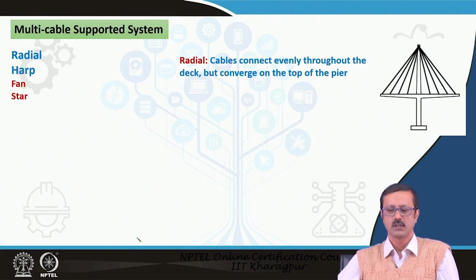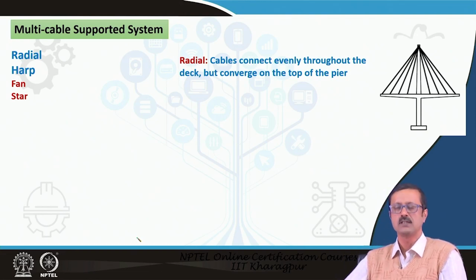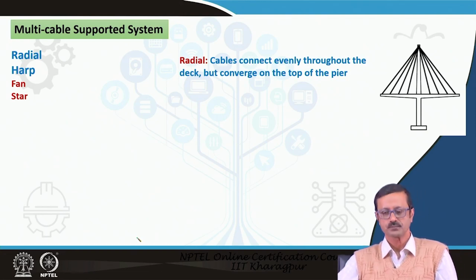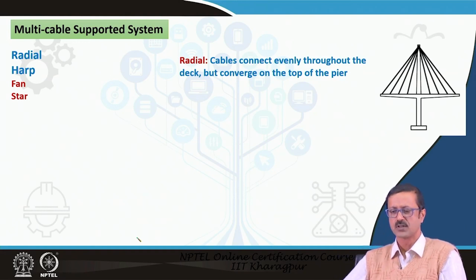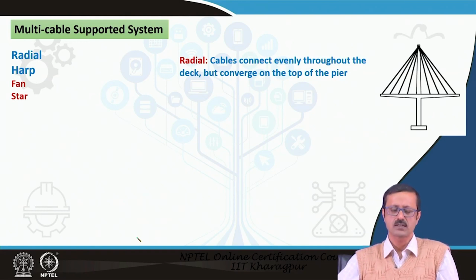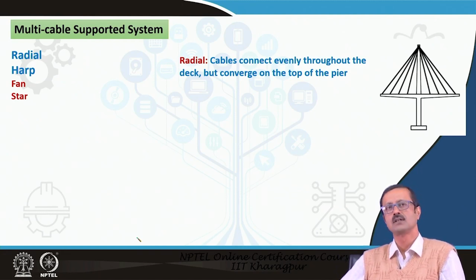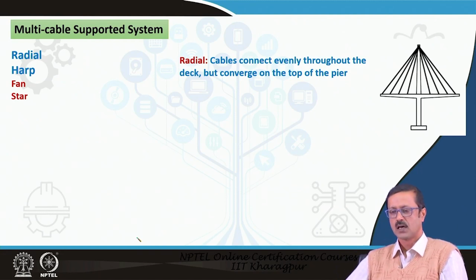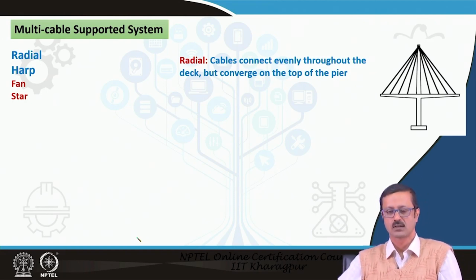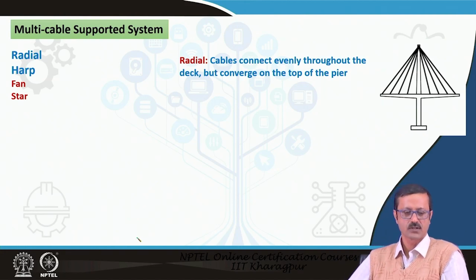It is applicable in bridges, such as cable stay bridges, but apart from bridges we can also use it for stadiums, airports, or arenas where a large column-free area has to be covered.